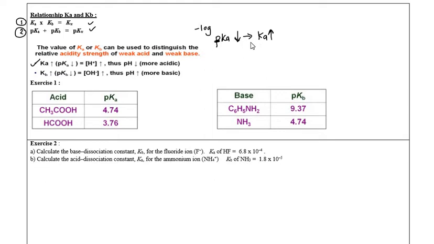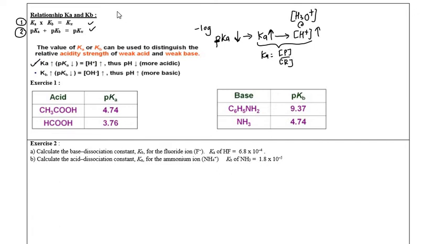So when you get the value of Ka larger, that means concentration H plus, or concentration H3O plus, is also higher. Why? Because based on the Ka expression, concentration product over concentration reactant, right? And your term H3O plus and H plus is always your product.